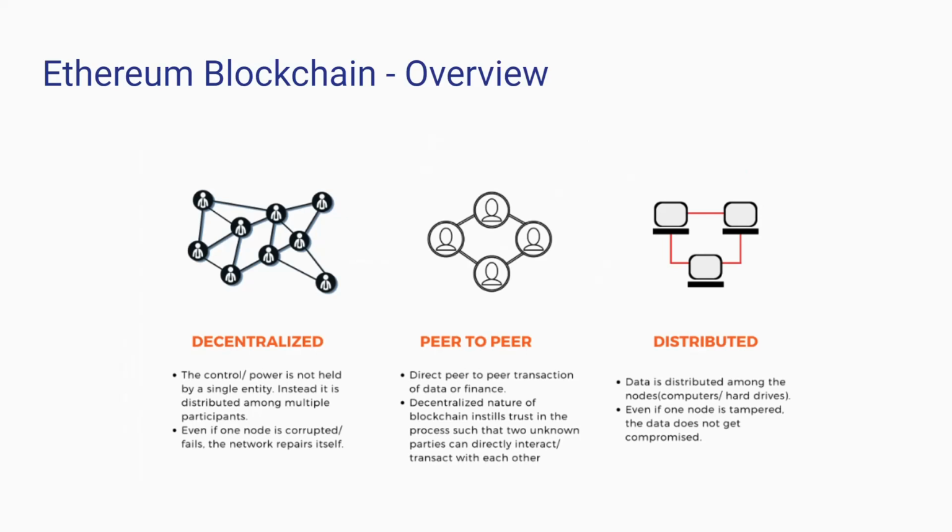If there's a third person involved, they can intercept or misuse our information in any way they want. And data on the blockchain is distributed among nodes, right? So even if one node is tampered with, it cannot compromise the entire data, right?